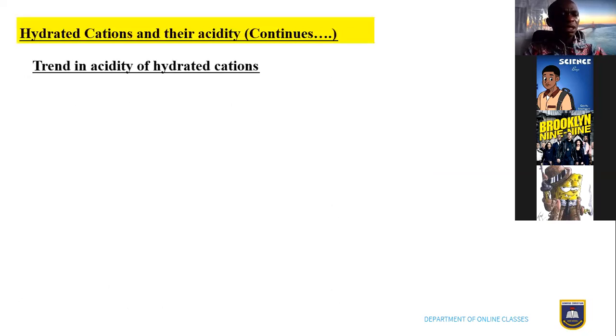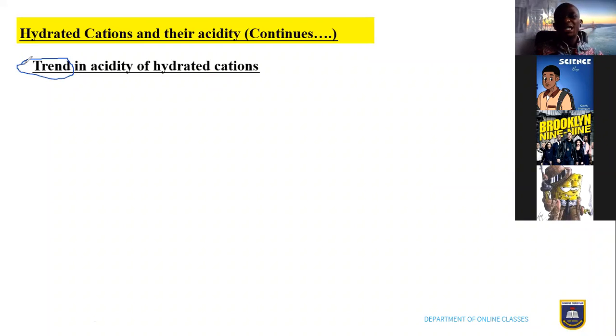Now, the next thing I want us to look at is the trend in acidity of hydrated cations. These hydrated cations that we know are acids. Trend, you remember that word, trend like order.